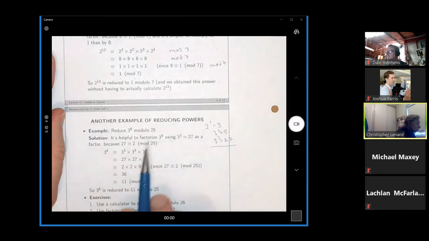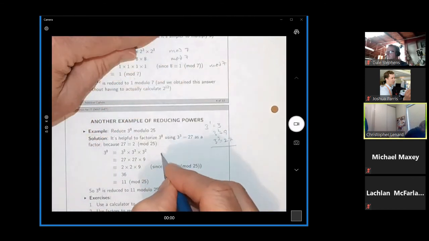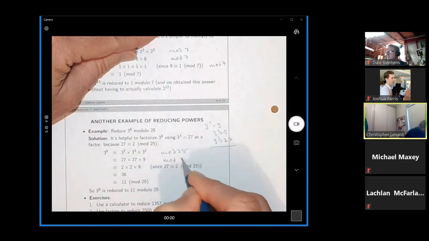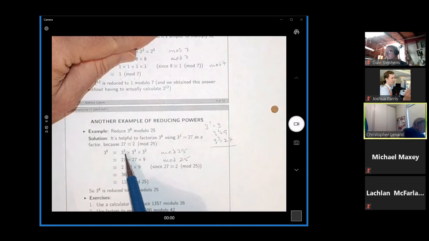So if we factorize using 3 cubed, so 3 to the 8 is 3 cubed times 3 cubed, and then with another 3 squared left over. So that 3 plus 3 plus 2 is 8. Okay, so just to emphasize, this is all done in the mod 25 system. 3 cubed is 27, 27, 9. 27, 27 are both equivalent to, remember these are equivalents, equivalent to 2.